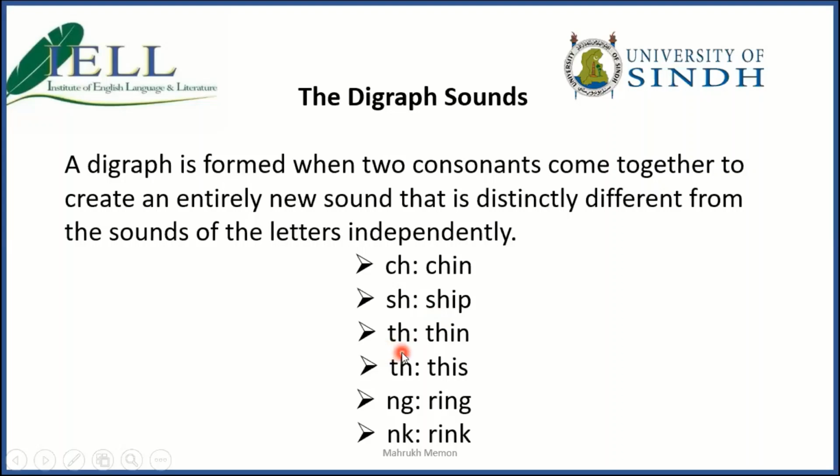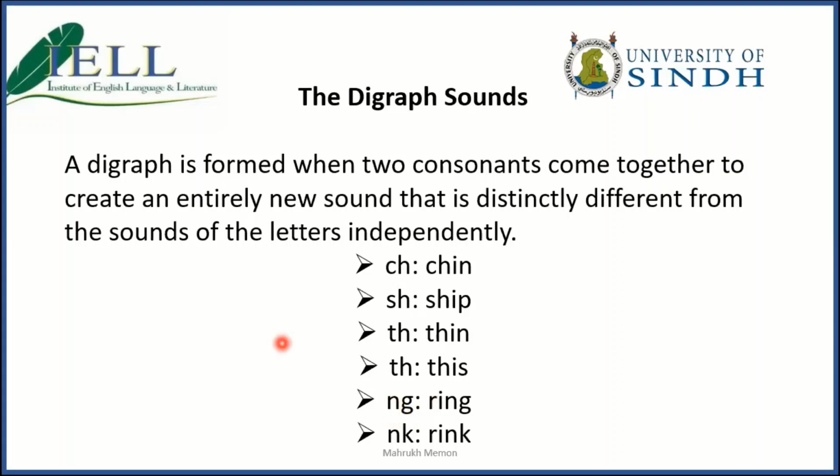Similarly, we have the th in thin, and we have the th in this. So these are two sounds, and we already talked about them, so you should be familiar with that. Both are represented by TH often. Then by the end, we have the NG sound.